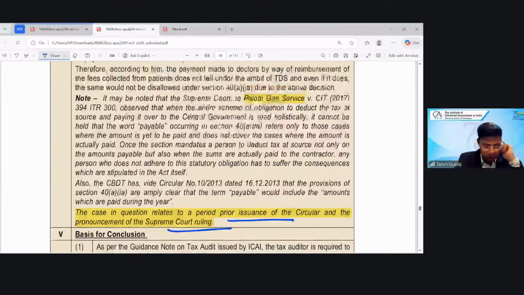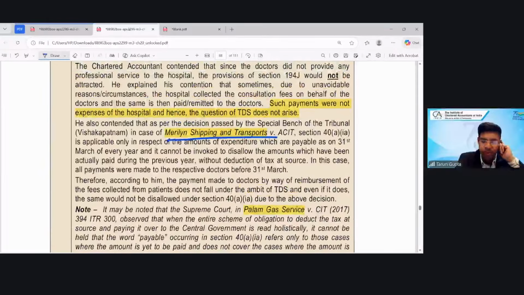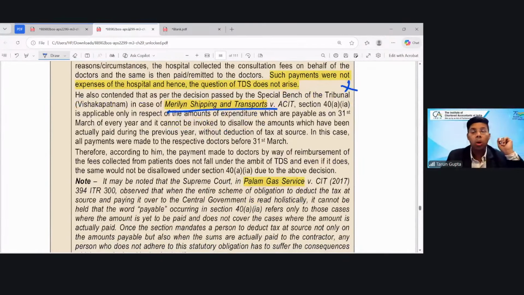So the first defense, that the payment is not an expense, is not right because they are in the P&L account. So this is not right. Secondly, even though there was a case law in favor of the opinion which the chartered accountant took, if you are relying on a case law, the name of the case law has to be stated in the tax audit report as well as in the Form 3CA or 3CB, as the case may be.